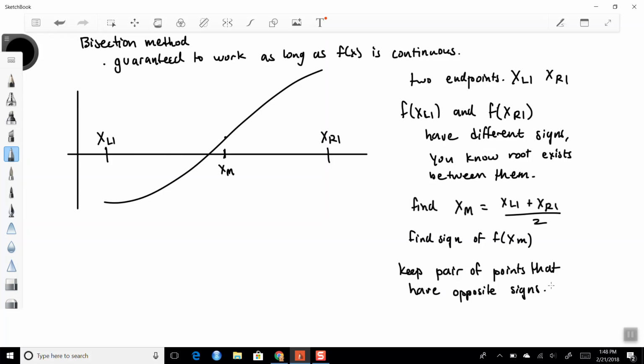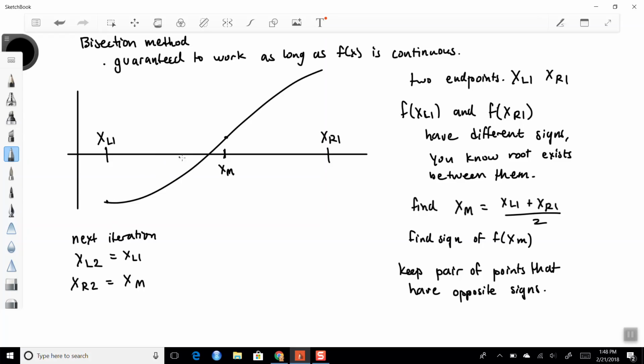So once we find this, then at the next iteration, xL2 is equal to xL1, and then xR2 is going to be xm. Okay, so we find this one's positive and this one is negative. So we keep these two.